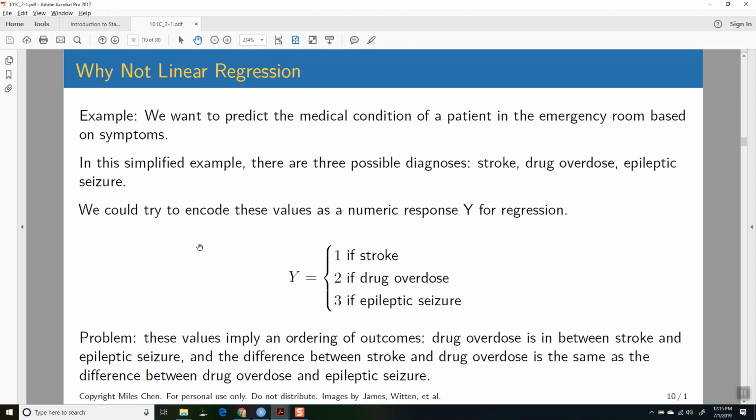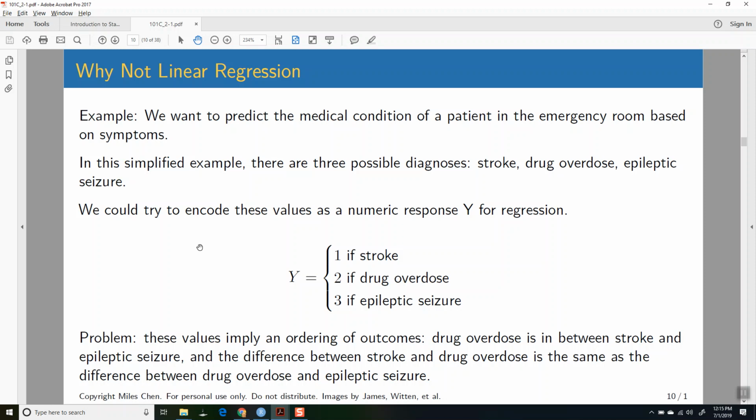And so, as a silly example, say you want to predict the medical condition of a patient based on certain symptoms. And just to keep things easy, let's say the only three diagnoses are stroke, drug overdose, or epileptic seizure.